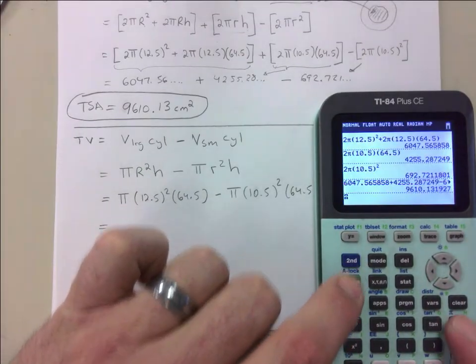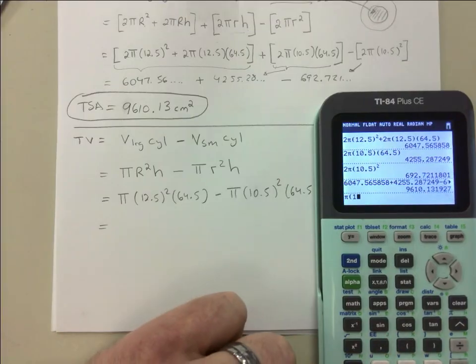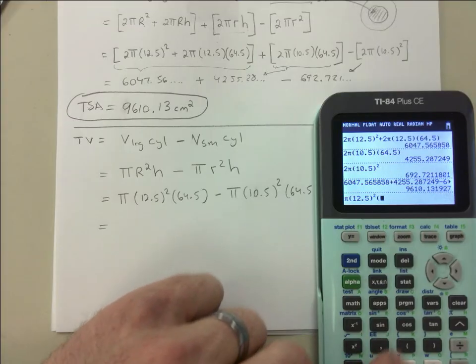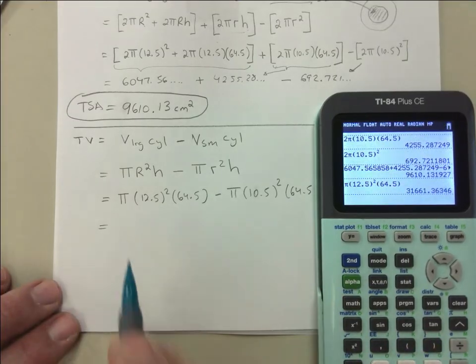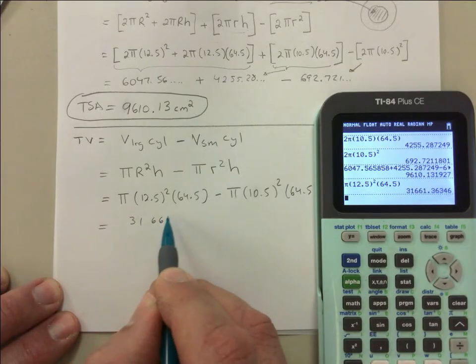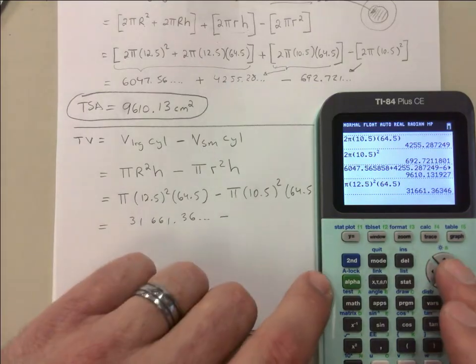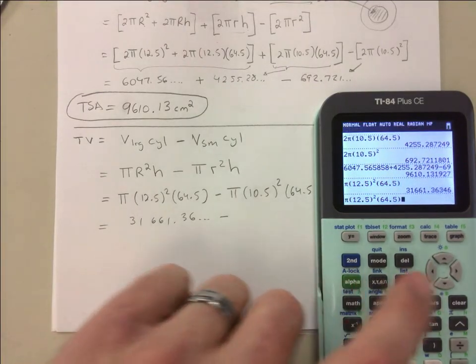I'm going to go pi times 12.5 squared. It's 31,661.36. That keeps going minus. I'm just going to copy paste the work actually.